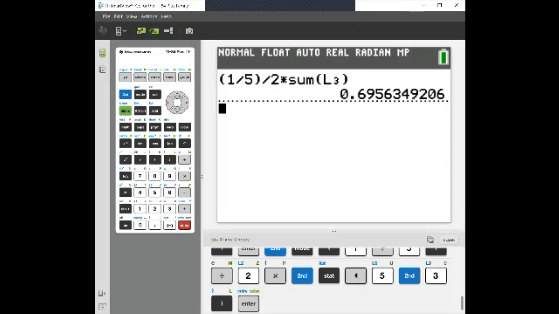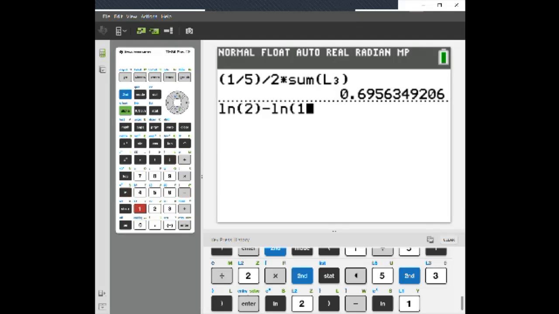How close is that approximation? Well, we said 1 over x, the integral of 1 over x is ln. So that would be the ln of 2 minus the ln of, well, what's the ln of 1? 0, right?